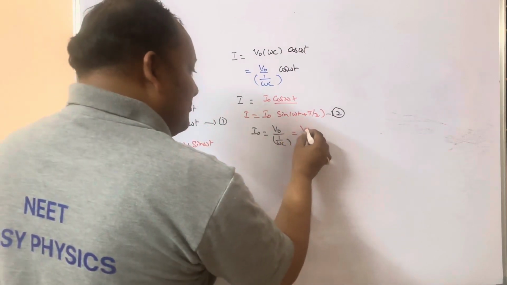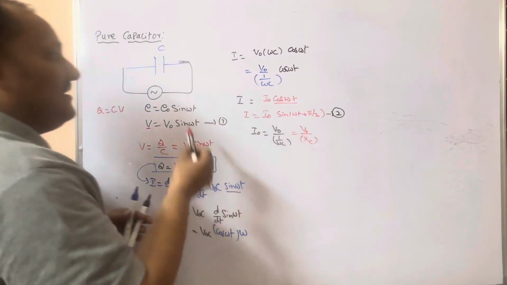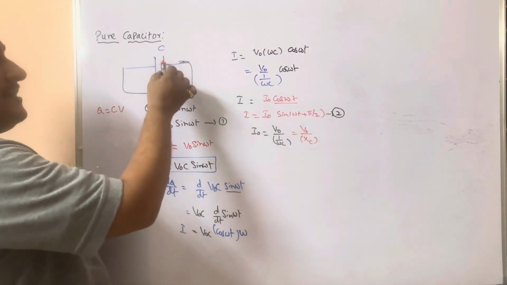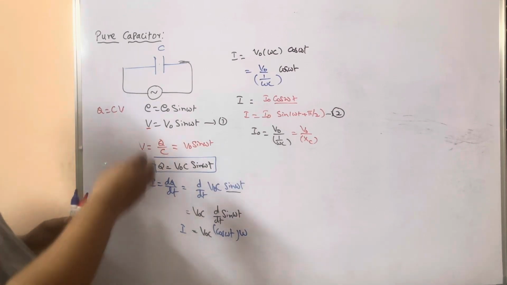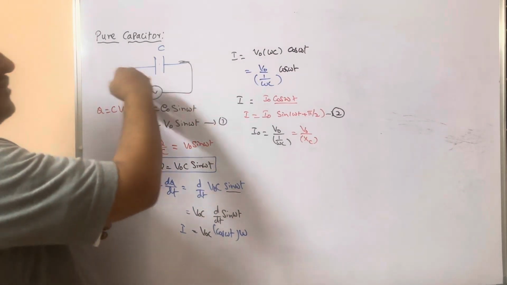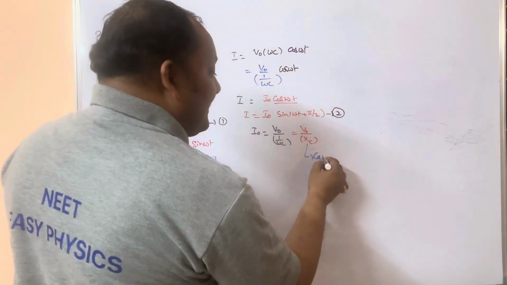So always the voltage denominator will be represented as resistance. Here the capacitor is going to oppose alternating current. So the opposition offered by the capacitor to the flow of AC we will call capacitive reactance.